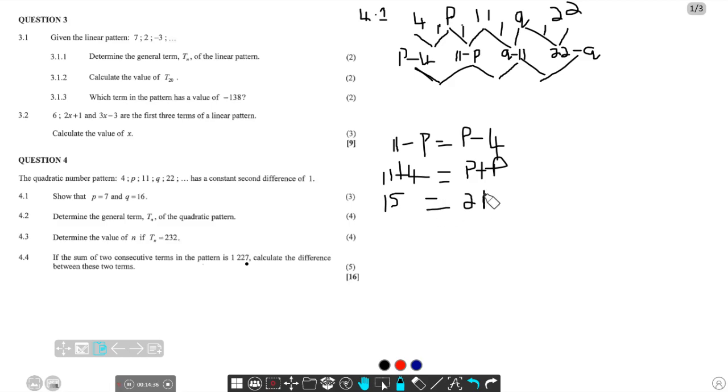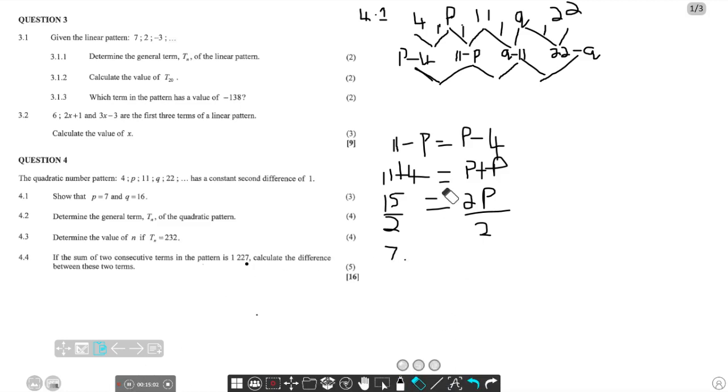What are we solving here? We're solving for p. Maybe it's going to give us the same answer? Let us check. Divide by 2, divide by 2. 2, 4, 6, 8, 10, 12, 14. So it is 7.